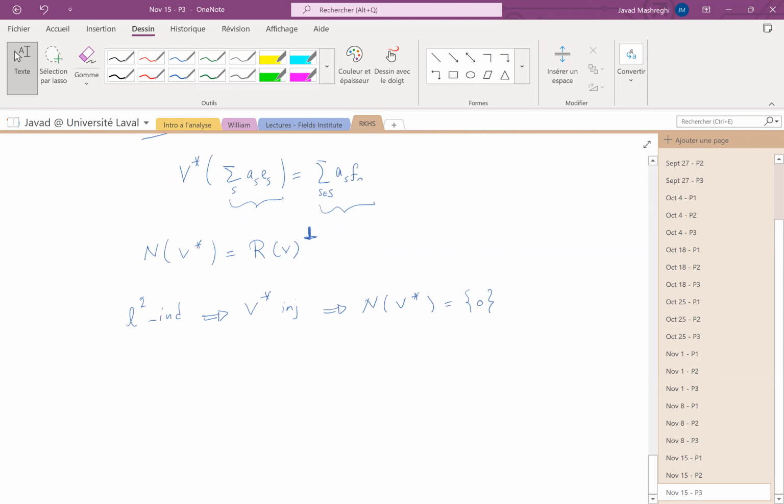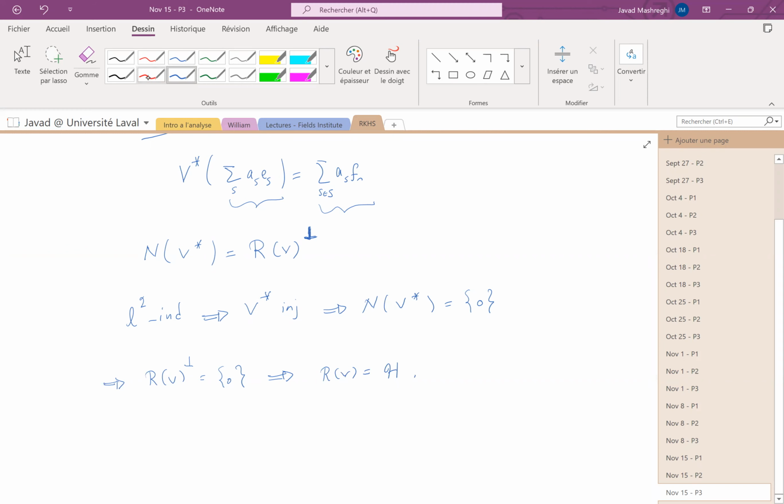And this implies that the range of V perp is equal to 0. And remember, it's a Parseval frame, the range is closed. So the range of phi is equal to H.